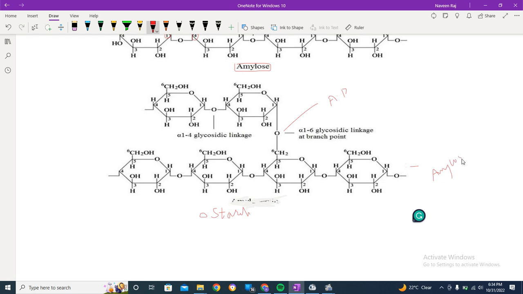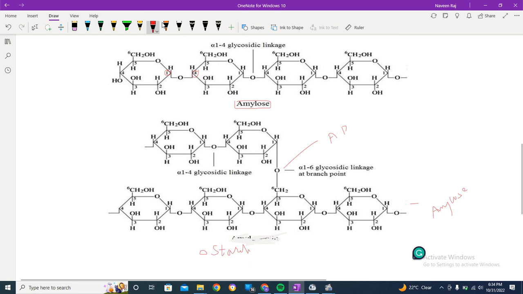Here, at every carbon number 25, there is a bond found between alpha 1 and 6. This is carbon number 6, and this is carbon number 1, and here a bond is formed, called the amylopectin bond.